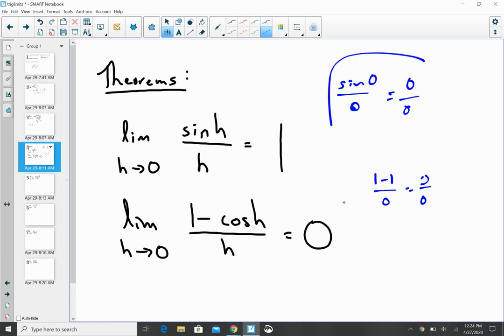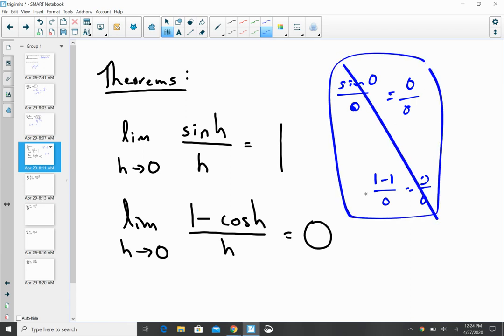Well, I can explain this all later on. I can tell you with certainty that sine of h over h is going to equal 1, and 1 minus cosine of h over h is going to equal 0, as long as h is going to 0. Now, the reason why I'm using the letter h as opposed to the x's or the thetas or any other kind of symbol is I just want you to understand that this variable is acting as a placeholder.